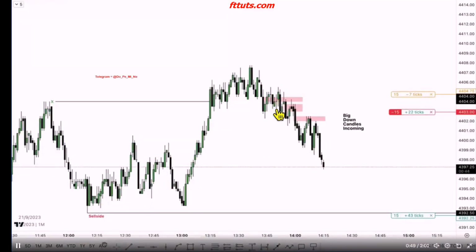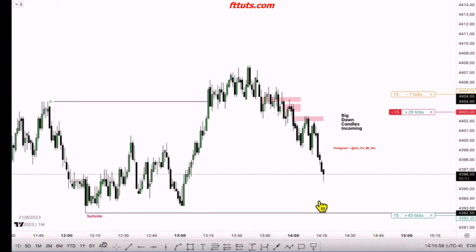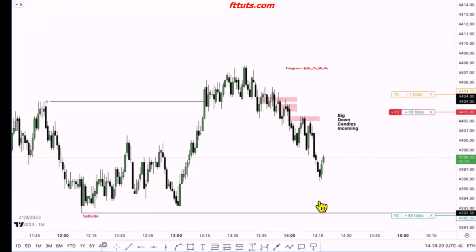Notice that every single upclose candle inside of this leg lower from this high to eventually this low is acting as resistance on price. But when I say upclose candle, I do not just mean one upclose candle. This could also be a series of upclose candles.